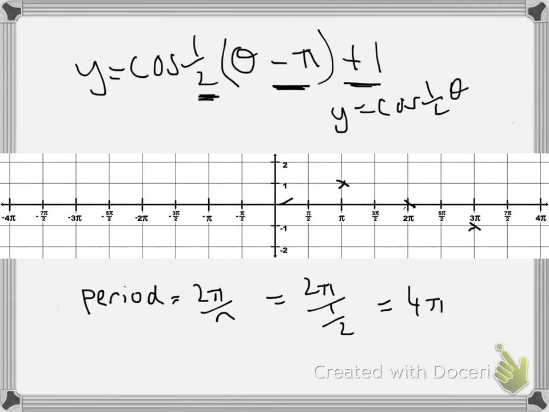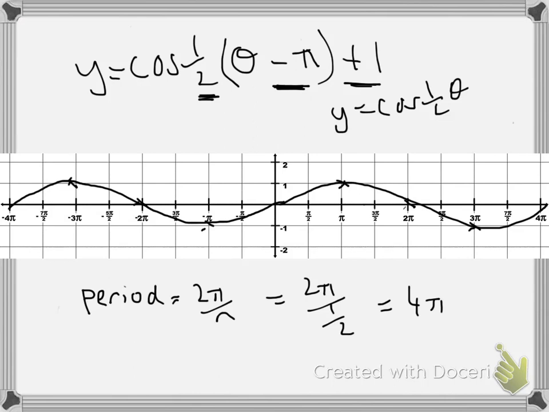So the graph will look something like this, a way of going to there, and it will be the same on the other side. Just mark in my key points. Key point there. So down goes the graph, turning up to there and down to there. There's my graph.